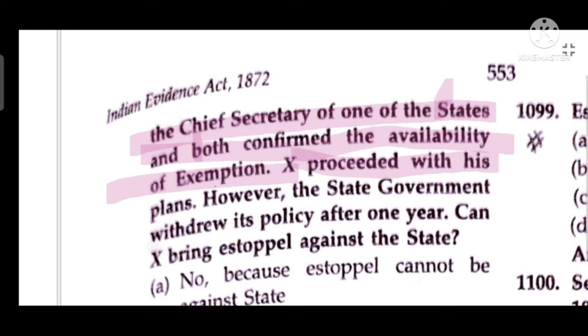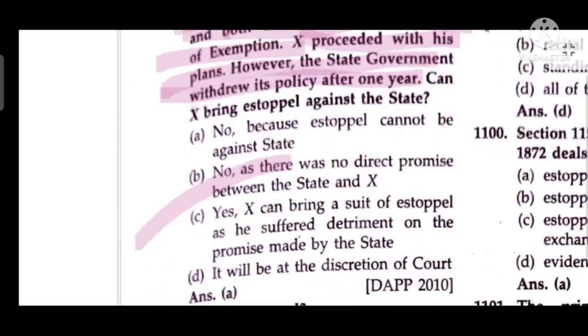X proceeded with the plan. However, the state government withdrew its policy after 1 year. Can X bring estoppel against the state? No. Estoppel cannot be against the state.